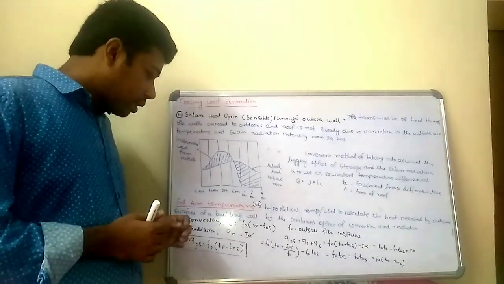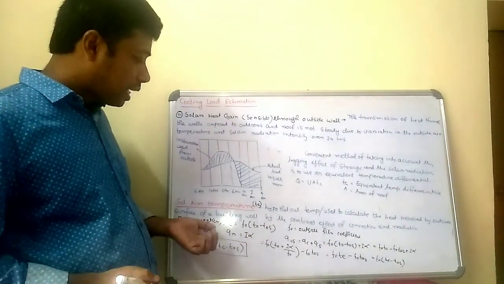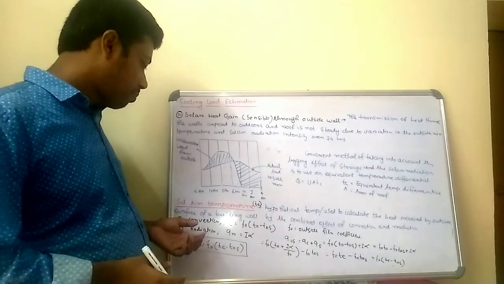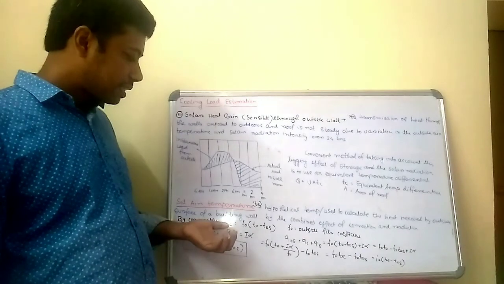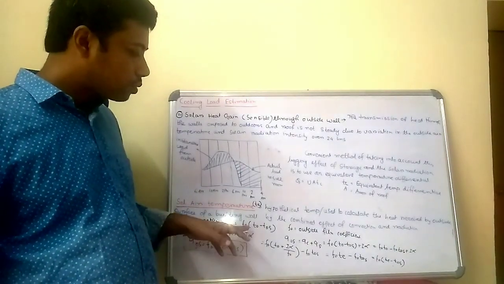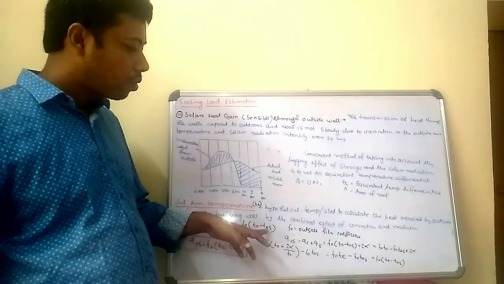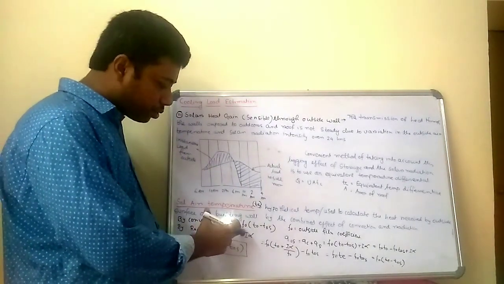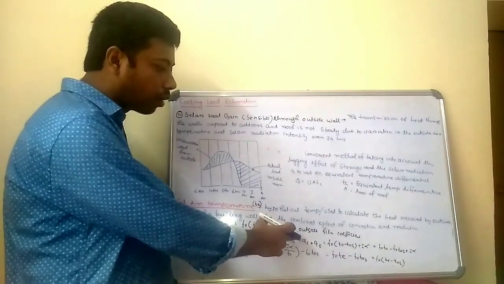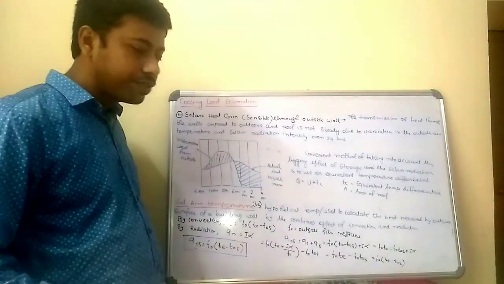Now, by means of the convection method, the amount of heat received by the wall of the building, QC, is equal to H0 into (T0 minus T0S). H0 is basically your outside film coefficient.